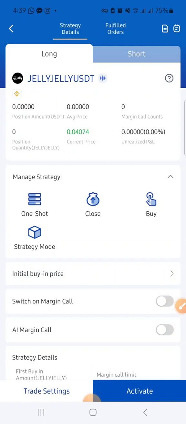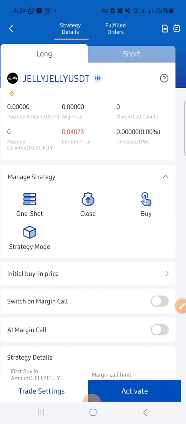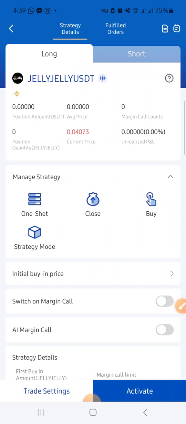All right, in futures, you are trading long, this is long here, or short. Long can be likened to a spot trade, because you can also call long buy.